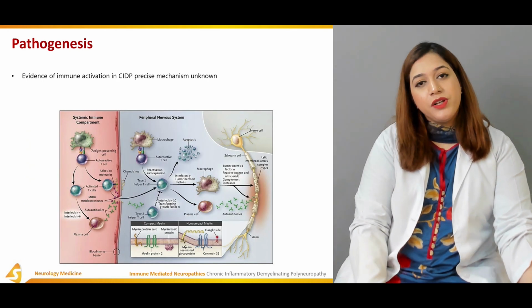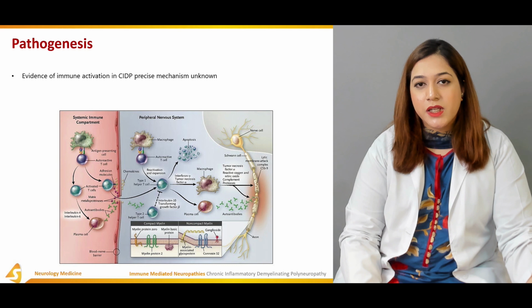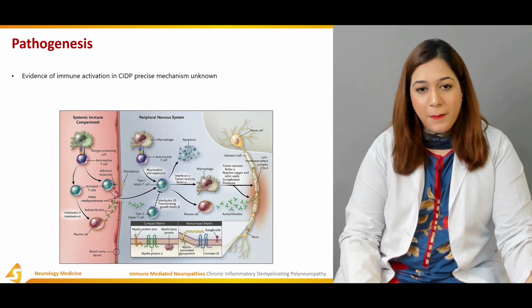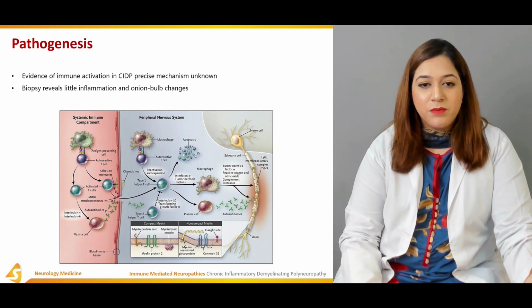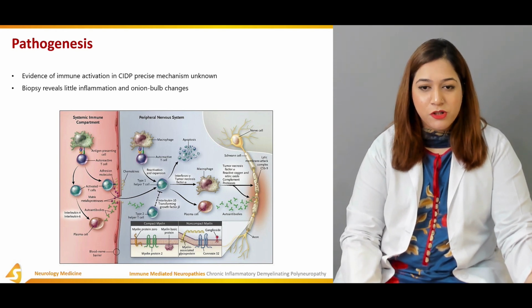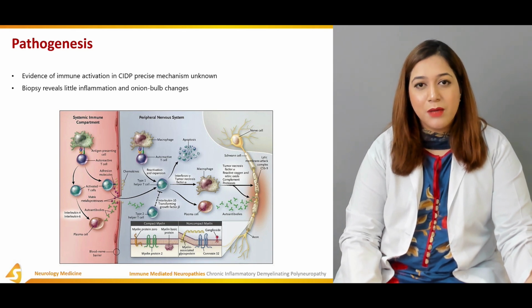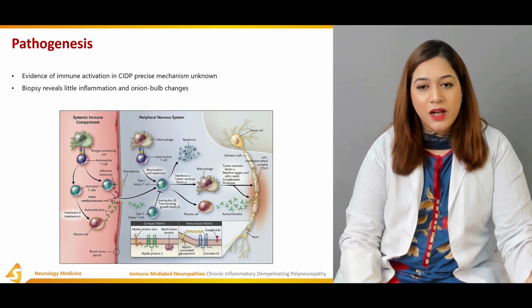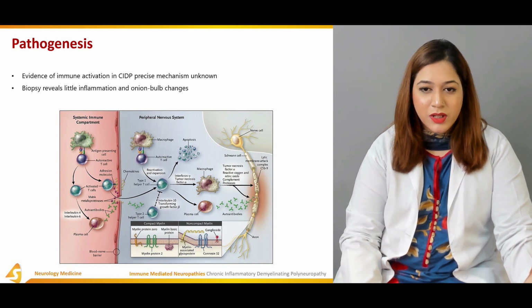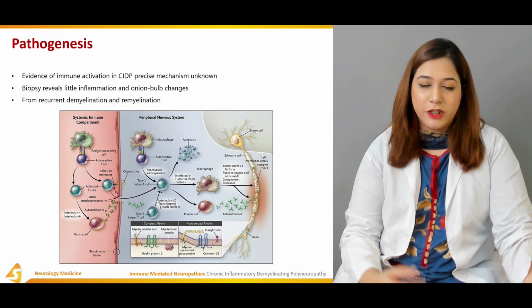Now, although there is evidence of immune activation in CIDP, the precise mechanism of pathogenesis is still unknown. If we biopsy a specific segment, it reveals a little inflammation and onion bulb changes, which are imbricated layers of Schwann cell processes around the axon that result from recurrent demyelination and remyelination.